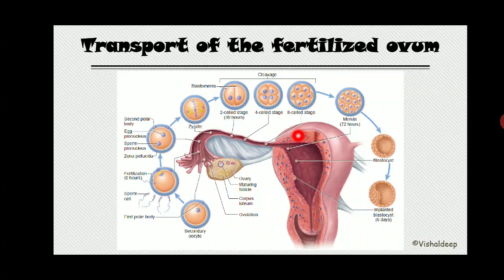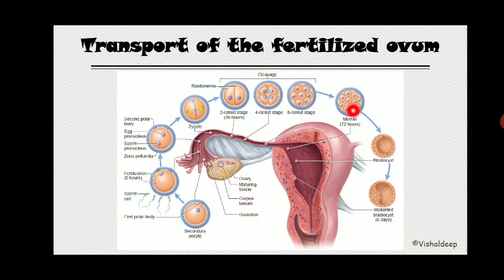Alright. Now as the zygote forms, it starts dividing, right? So the first cleavage, then the second cleavage, and the 16 cell stage will be reached by the third day of the transportation, right? That 16 cell stage is known as the morula. Got it? This one is the morula.